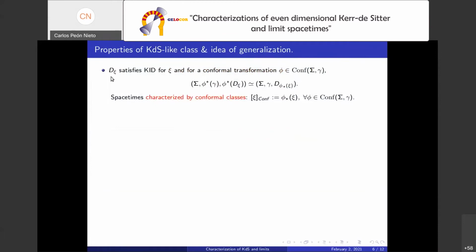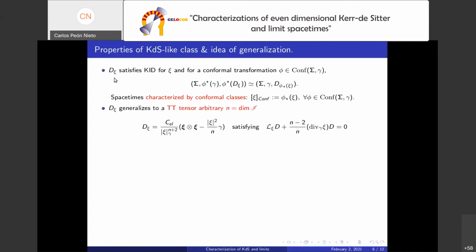So D_psi satisfies the KID equation for psi, and for every conformal transformation of (sigma, gamma), then we have the following equivalence of data, which arises from the structure of the TT tensor as well as the conformal gauge freedom of the data. And this equivalence is translated into the fact that the families within the Kerr-de Sitter-like class are characterized only by the conformal classes of conformal vector fields. This is the conformal vector fields modulo conformal transformations.